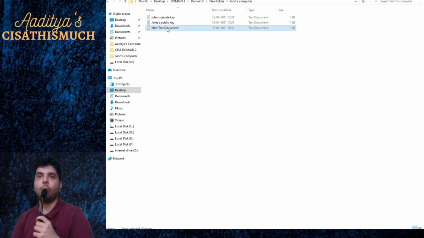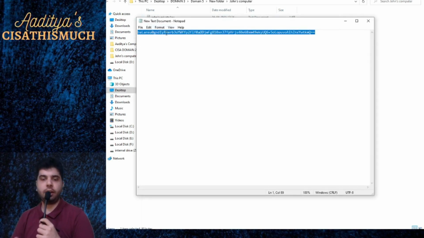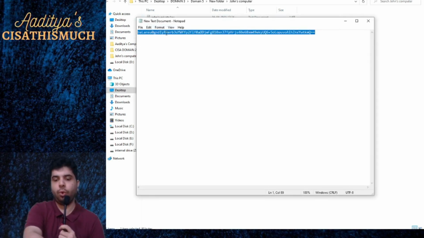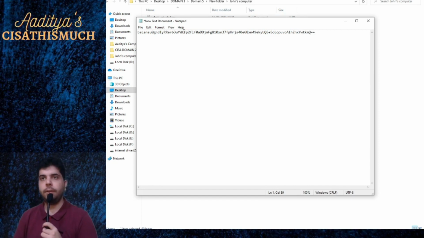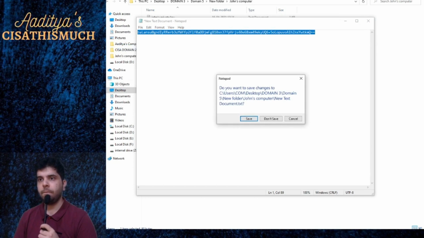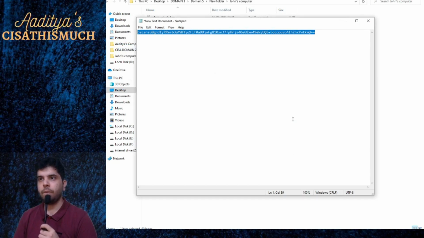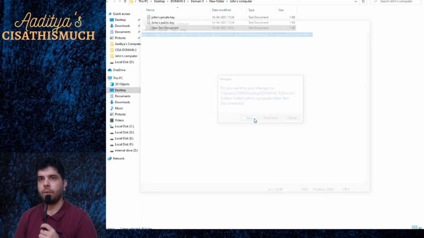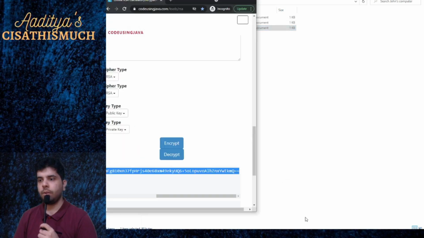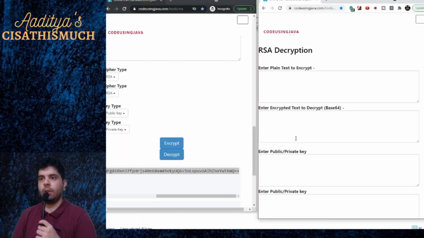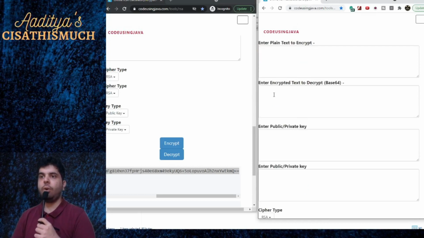All right, he's opening the file. Control A, control V. Copy. Yes, so now John is putting the information over here. Let me zoom in again.